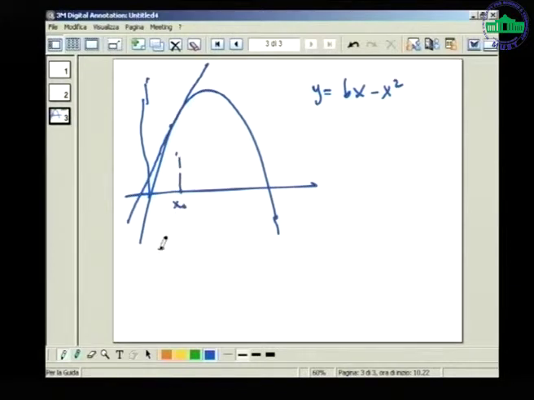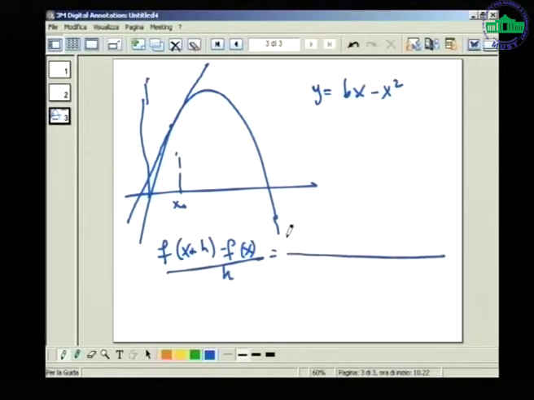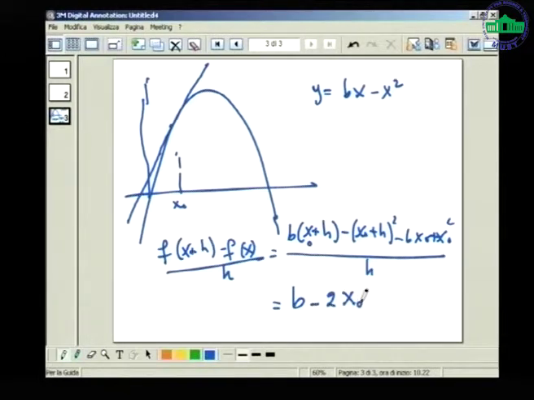So he uses the formula f of x plus h minus f of x, divided by h. Here it becomes b times (x naught plus h) minus (x naught plus h) squared, minus (b x naught minus x naught squared), divided by h. When you subtract equal terms, you get b minus twice x naught minus h.